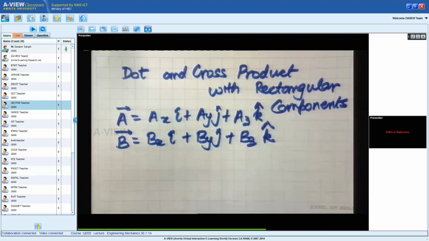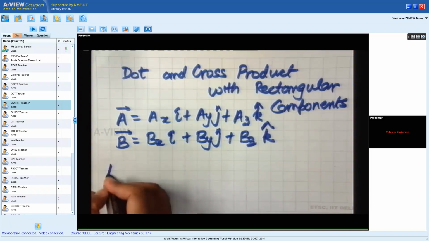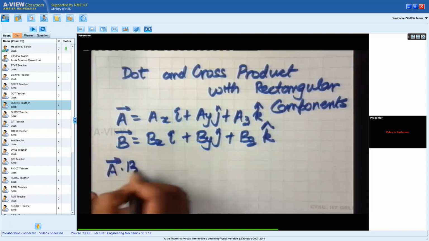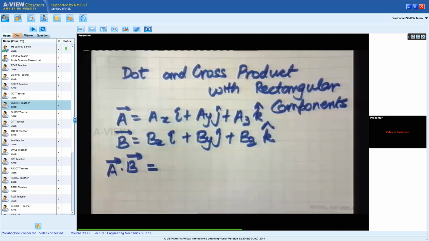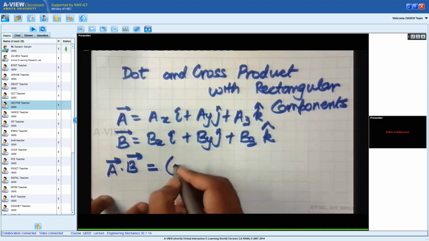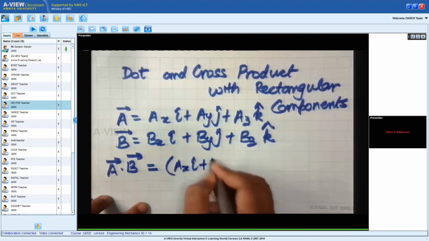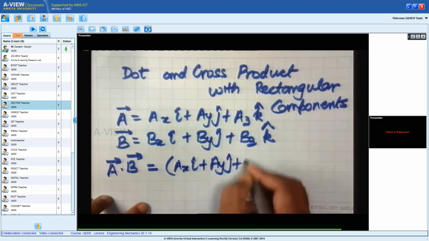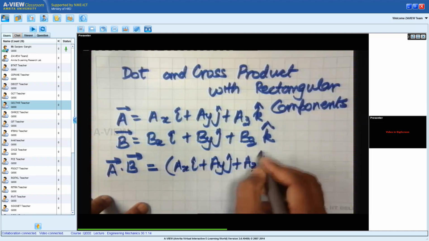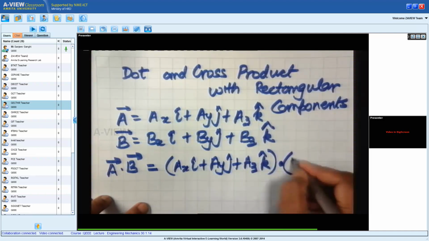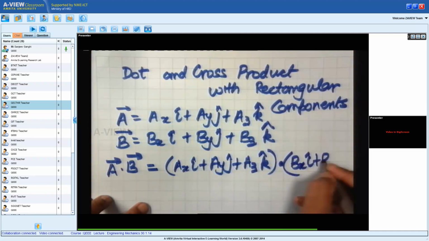And you will see, once we express things in Cartesian components like this, taking dot products and cross products becomes quite easy. How? If I look at A dot B, I take the vector A, AXI plus AYJ plus AZK, and I dot it with the second vector, which is BXI plus BYJ plus BZK.